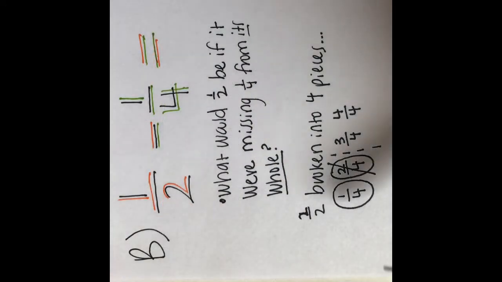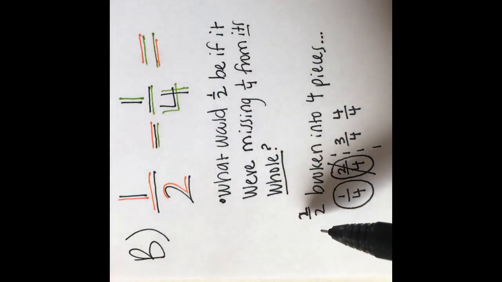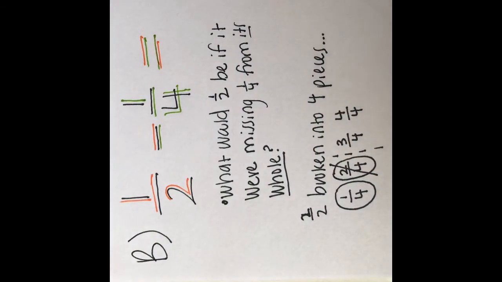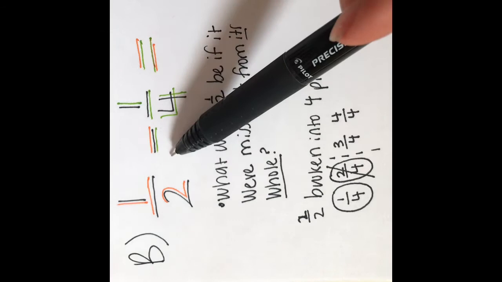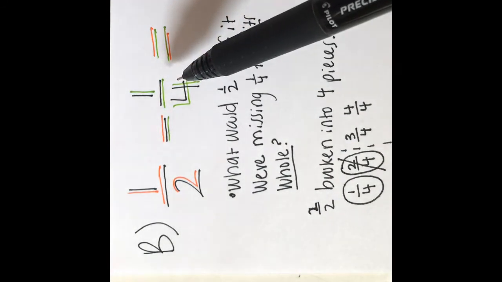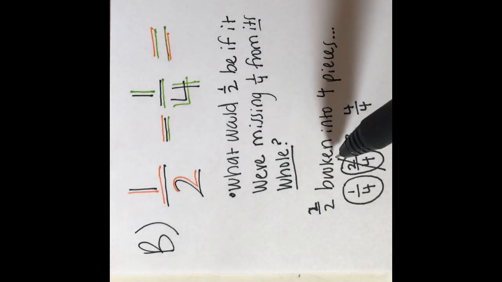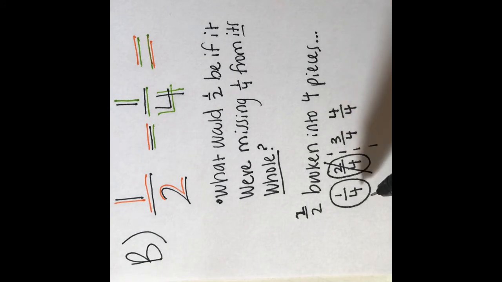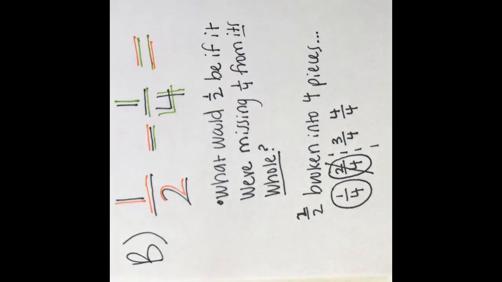So I broke the whole, 2 over 2, into 4 pieces, or 4 over 4, and so I put 1/4, 2/4, 3/4, and 4/4. Then I split those 4 pieces into a half, because that's what we have here, 1/2, and then I took 1/4 away from the half, so I crossed out one of the 1/4s, which means that we are left with 1/4. So the answer to 1/2 minus 1/4 is 1/4.